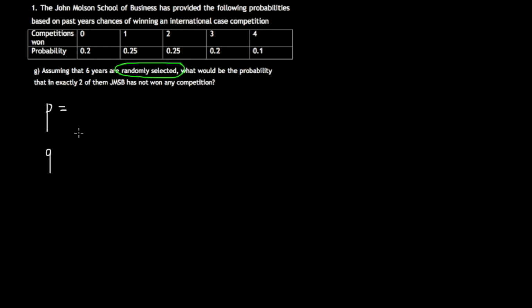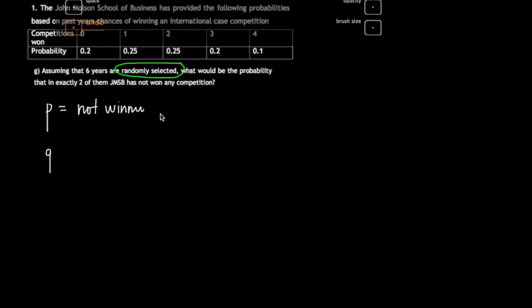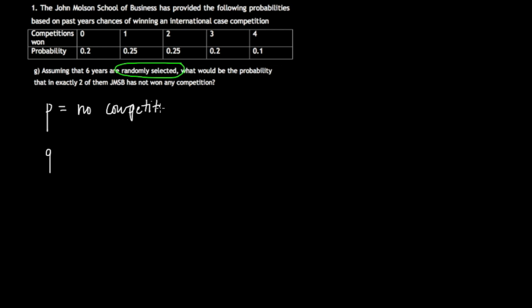P is the probability of what I'm looking for, what the question is asking me, which in this case is no competitions won. And Q is the complement, which is simply 1 minus P, which is winning at least 1 competition.